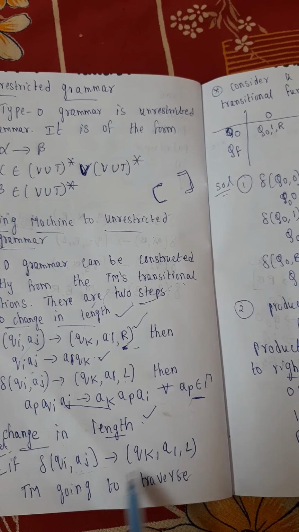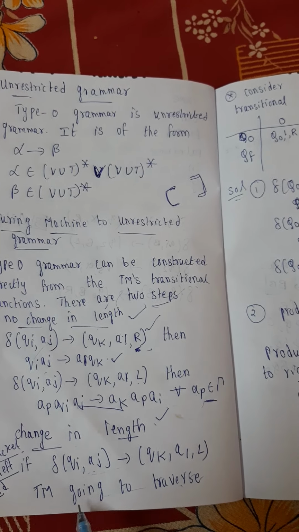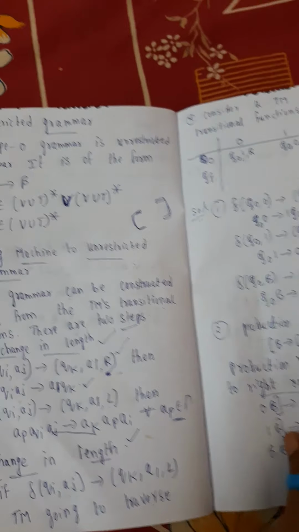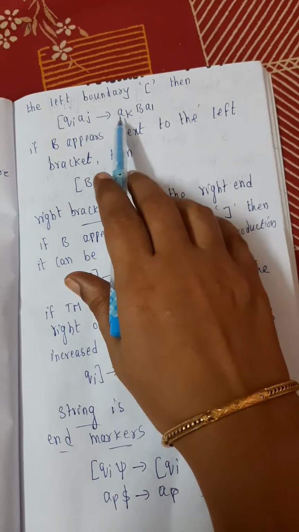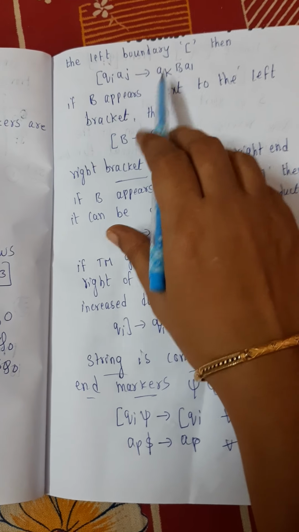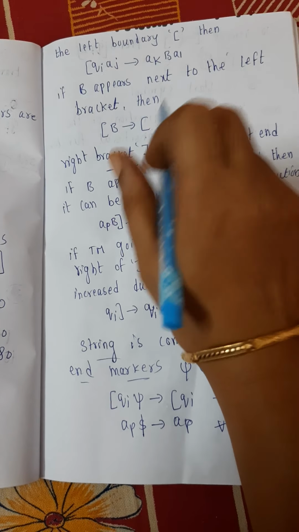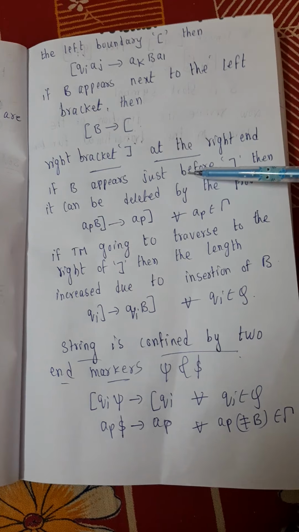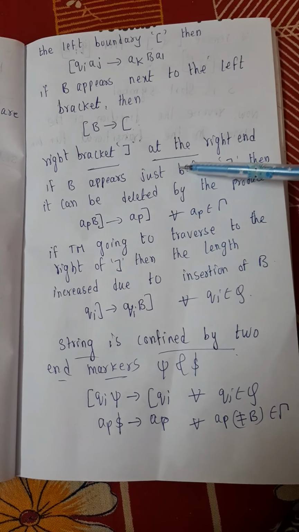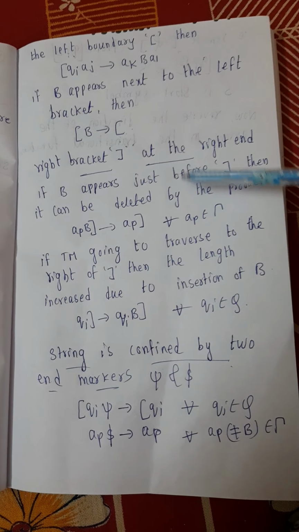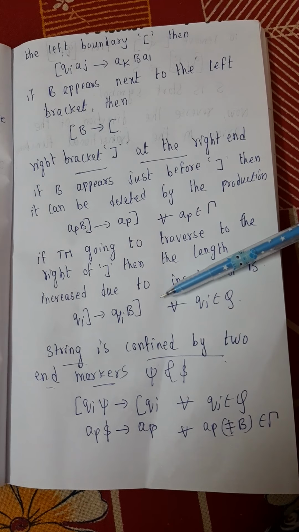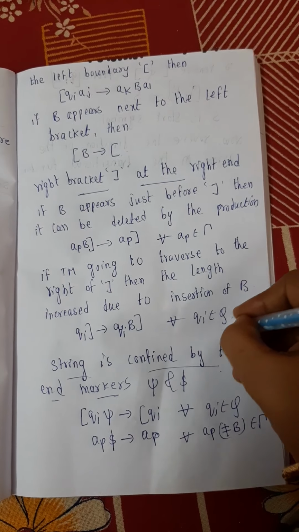So these are the productions you have for the left hand marker, and this you will have for the right hand marker. You take it down, I'll explain step by step. Up to here, this will be the second step.